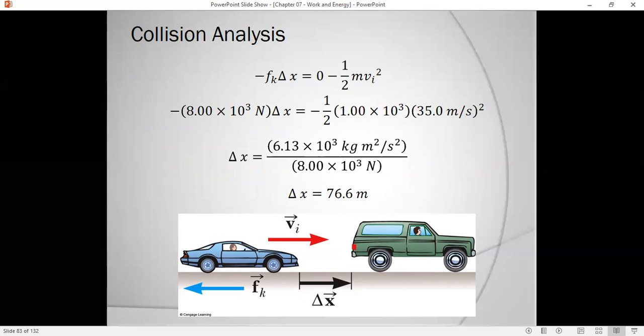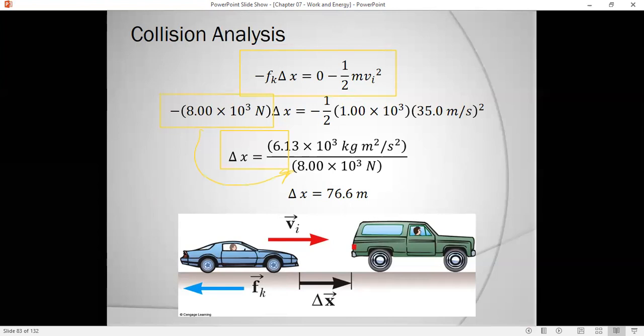Here's our equation. We're going to take this, divide it on both sides. So there we go, that goes down right there.